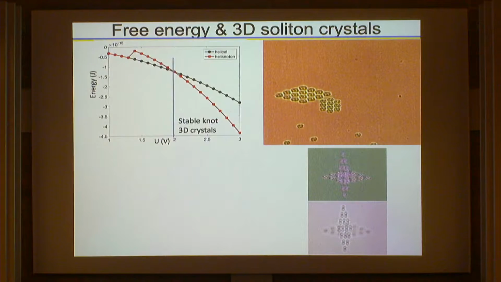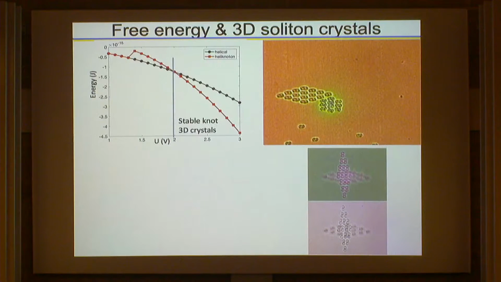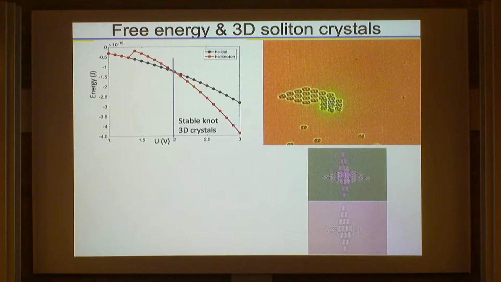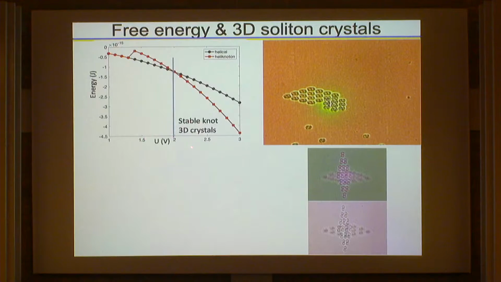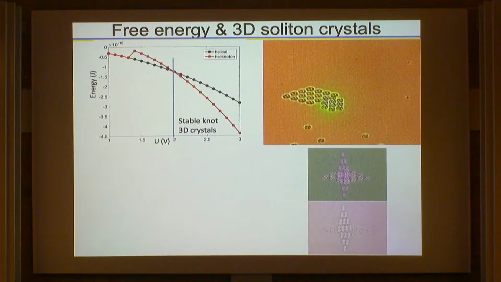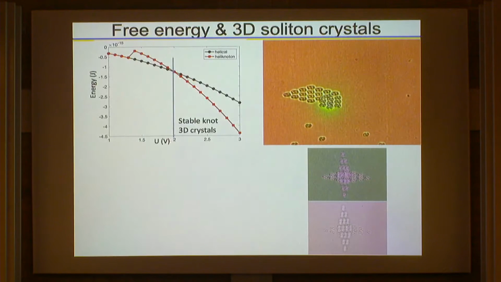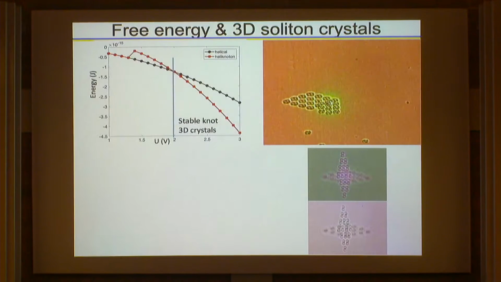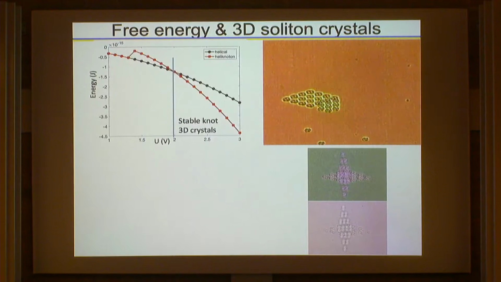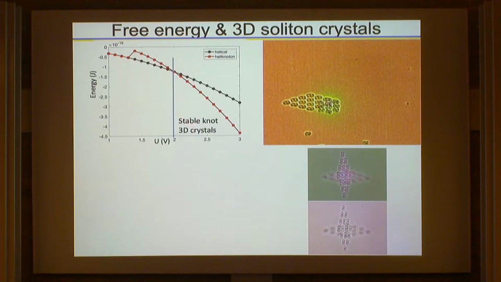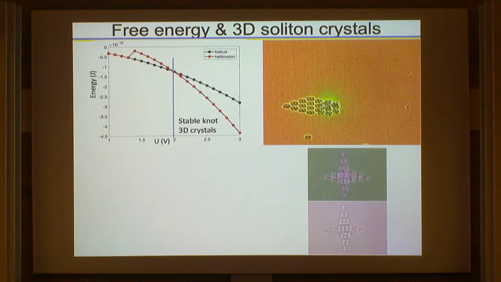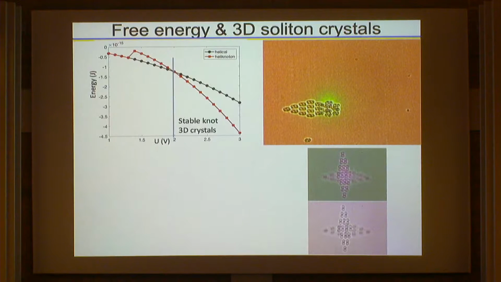In numerical modeling, we can see that not only under some conditions the individual solitons, when we apply external field, can have energy lower than that of the background, but also the three-dimensional crystals that we form can have lower energy than the uniform background.